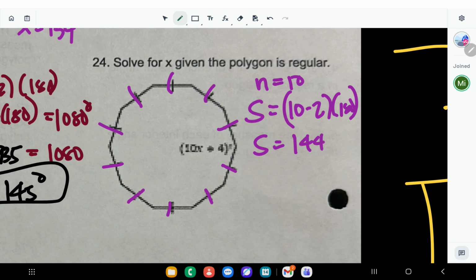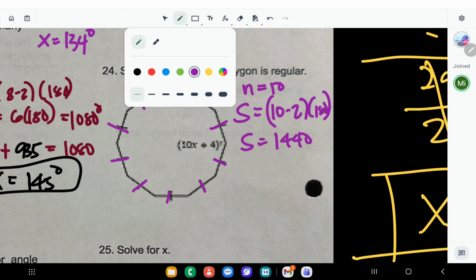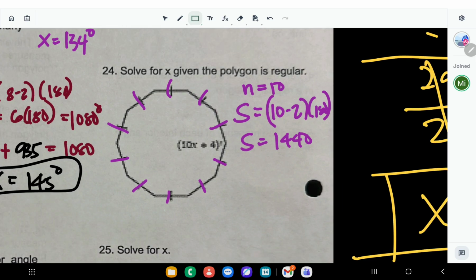It's 1,440, right? Then we divide that to find the interior angle. Interior angle, that is 1,440 divided by 10.